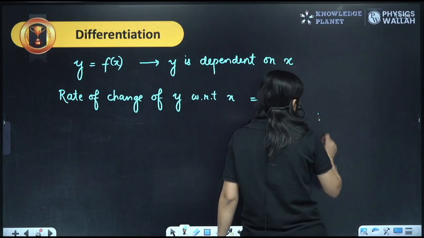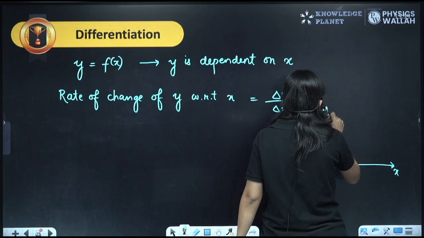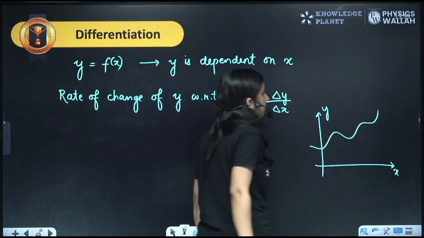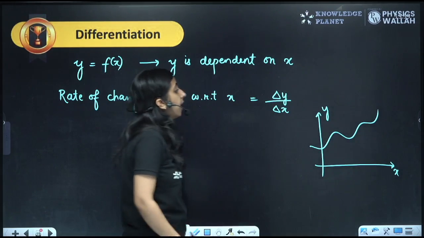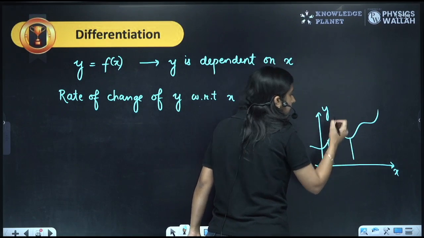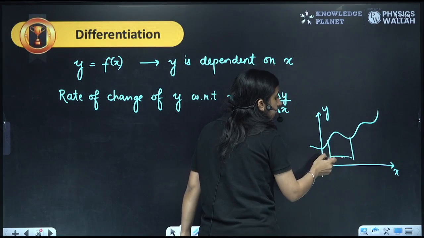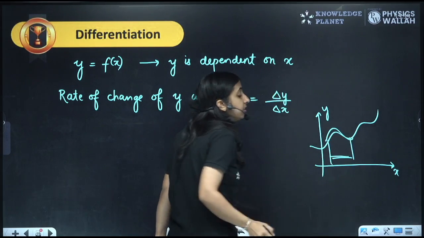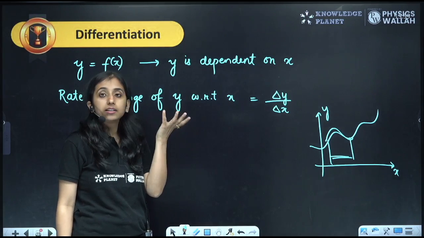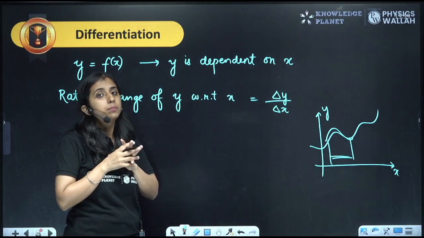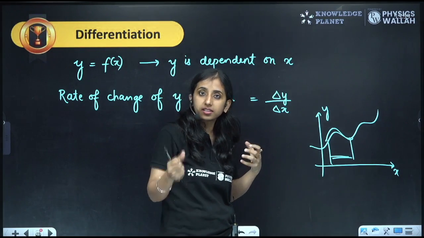Suppose my y is changing very continuously with x, and I take this much big interval. In this interval the value of y has increased and decreased many times, but I won't be able to know how many times this value has changed within this interval.